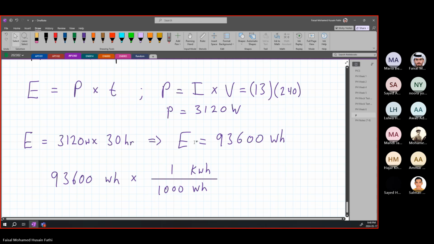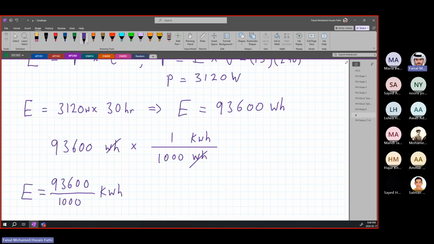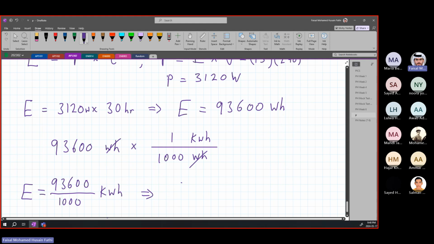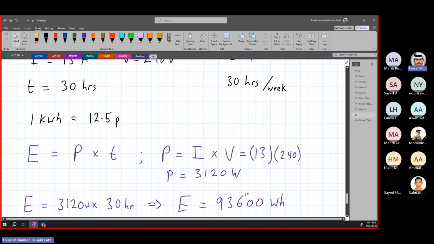So 93600 divided by 1000 gives 93.6 kilowatt hour. This is the total energy that is being used.